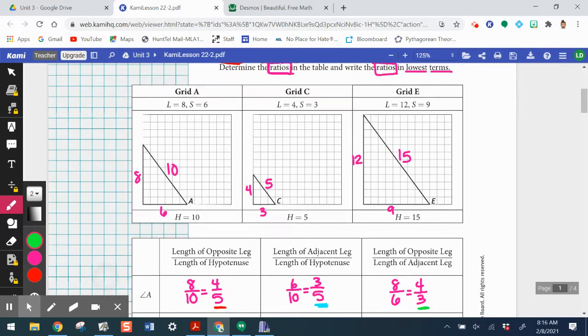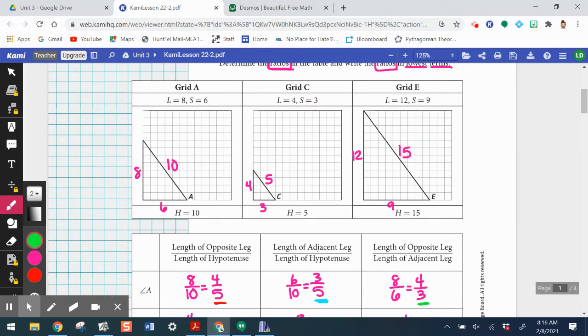So just to break down the table for you. For grid A, for this triangle, notice they labeled this angle A, and they did that for grid C, they labeled this angle C, and for grid E, they labeled this angle E. And so the L equals 8 refers to the longer leg in this diagram, which would be this leg here. And so I went ahead and labeled that it was 8 units.